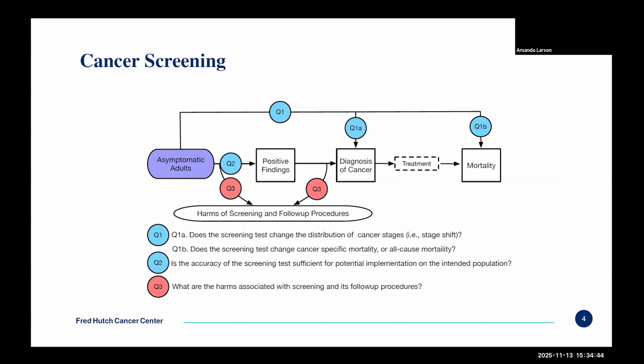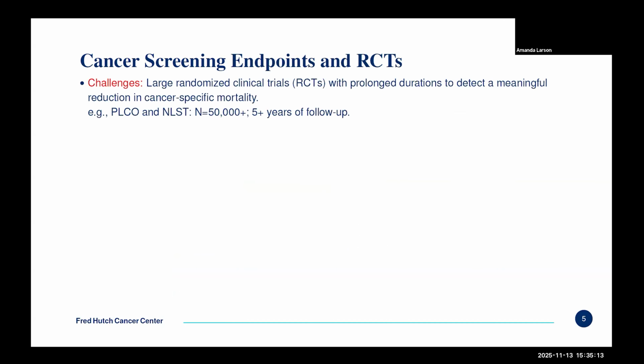And if you see a negative result, that may also lead to harm, as you may skip regular screening. Those are also things we want to evaluate. So there are a lot of issues here, and in my talk today, I'll just focus on the first one. We want to develop a trial design such that we will be able to answer this question: can the screening test change the distribution of cancer stage?